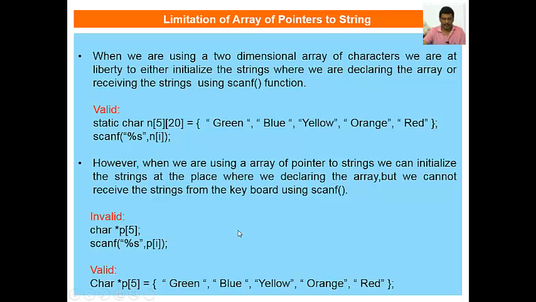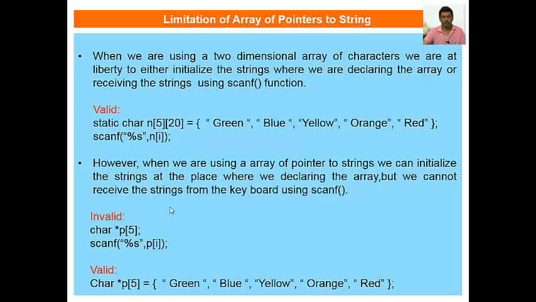So if we declare a 2-dimensional array to handle strings, and we want to get input or assign values, we use a 2-dimensional character array. We cannot get the values for pointers.